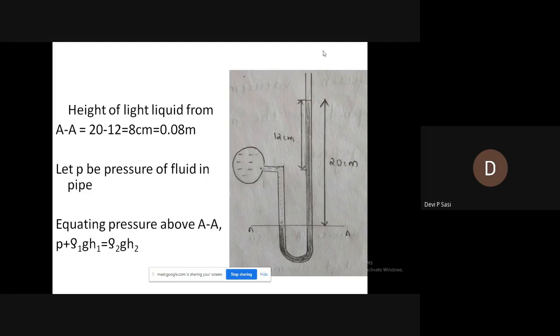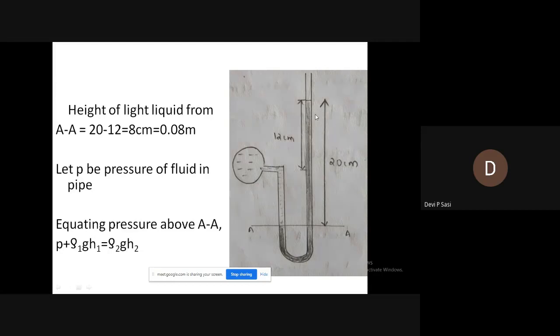The height of light liquid above the datum line is not given directly, so it becomes 20 minus 12 centimeter, that is 8 centimeter. The height of heavy liquid above the datum line is given in the question directly, 20 centimeter.